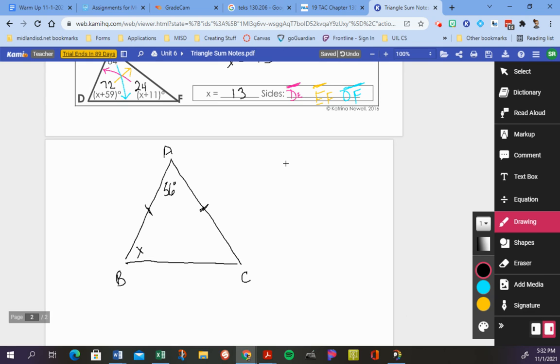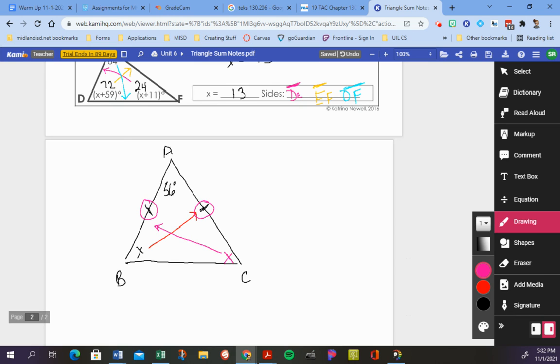Well, remember I said something about sides opposite? If I know that this angle goes with that side, then this angle also goes to that side. These sides are congruent. So that means that this angle over here is also x. So I have 2 x's plus 56.